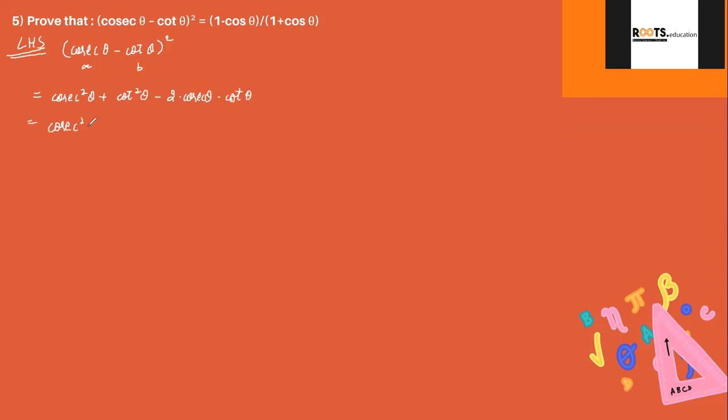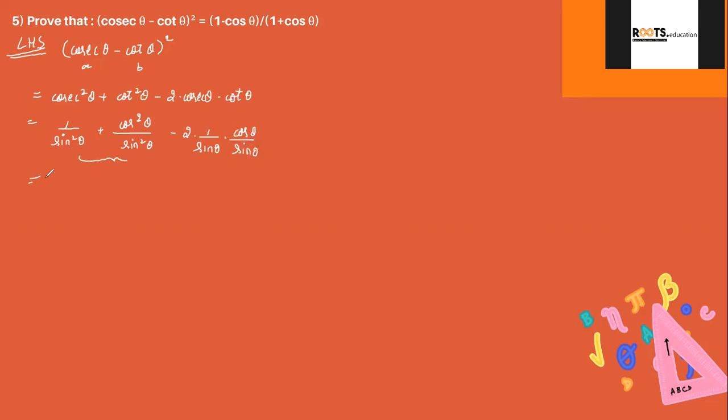Instead we can write cosecant as 1 by sine. So it will be 1 by sine square theta plus cot as cos square theta by sine square theta minus 2 into cosec, which is 1 by sine theta, and cot is cos theta by sine theta.